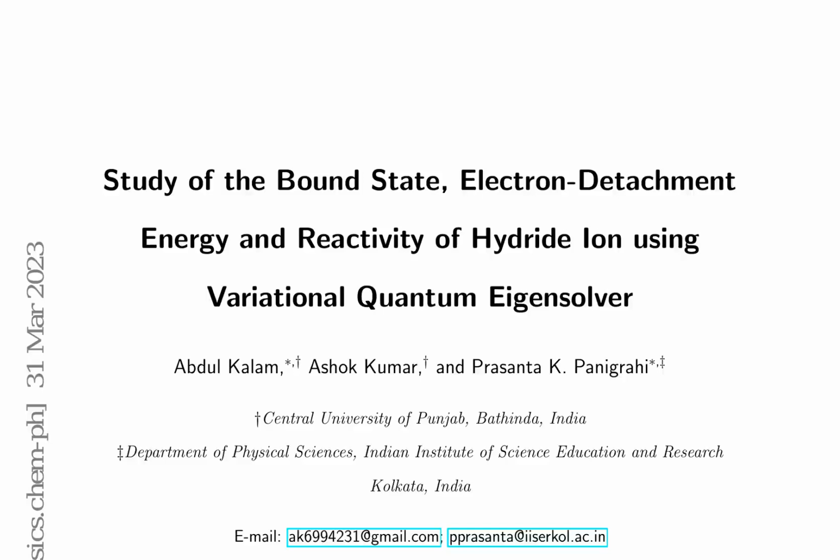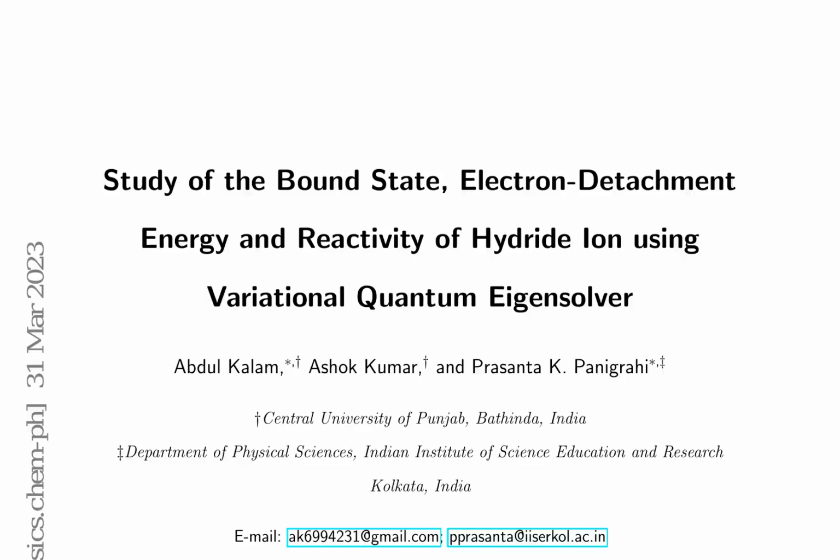The VQE is a powerful tool in the context of quantum computing, where it can leverage the power of quantum hardware to solve complex problems more efficiently than classical computers. The VQE's methods and best practices are reviewed in detail by Tilly et al. in their 2022 paper. The combination of these methodologies enables the investigation of proton transfer reactions with high accuracy and efficiency.